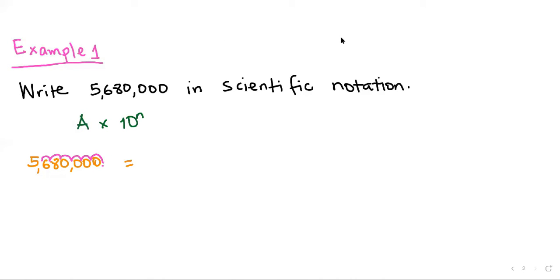So our answer, we have it as 5.68 times 10 to the power of 6. Now, 6 is the number of times you have moved the decimal point. You can see 1, 2, 3, 4, 5, 6. And already you can see that this number 5.68 is more than 1 and less than 10. So we say that this is our final answer. Okay.